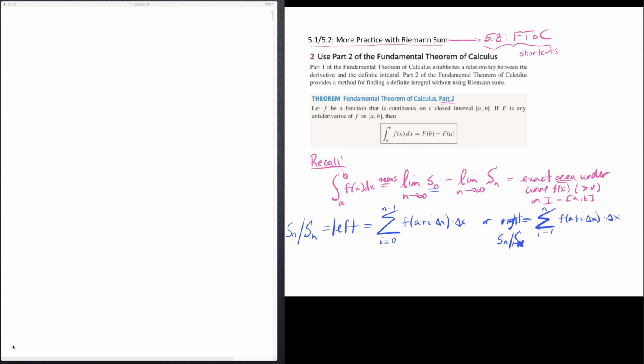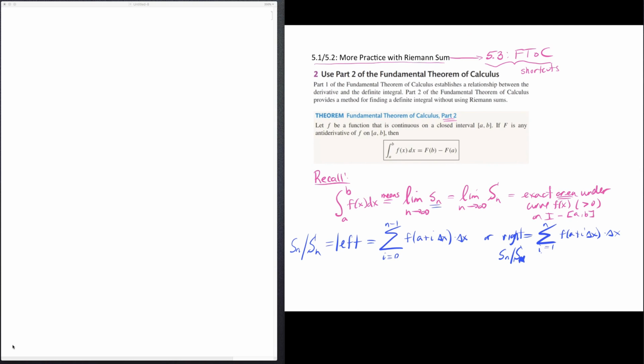Okay, and what we're going to do now is to try to compute this definite integral not using its limit definition. Now there is an interesting result in this section called the fundamental theorem of calculus part 2, and then we can extend this chain of ideas.